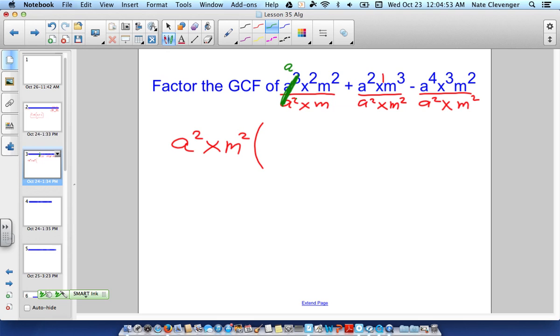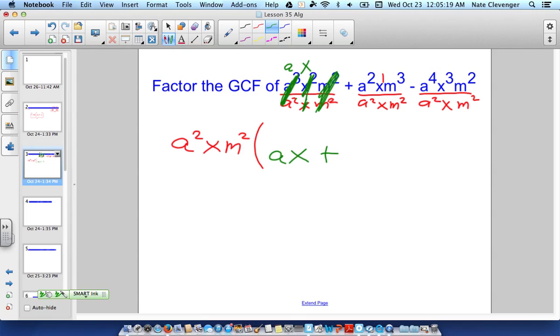Then I take this 1x on the bottom and cancel with 1x on top, leaving 1x on top. If I factor m squared out of m squared, that just goes to 1. So my first term has an a and an x left over in it.